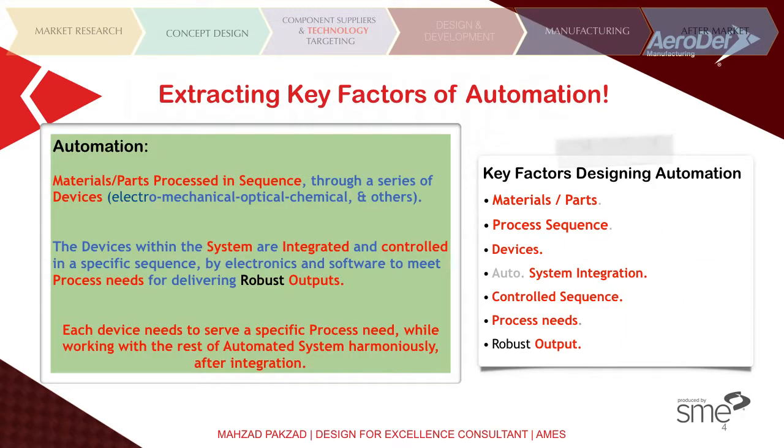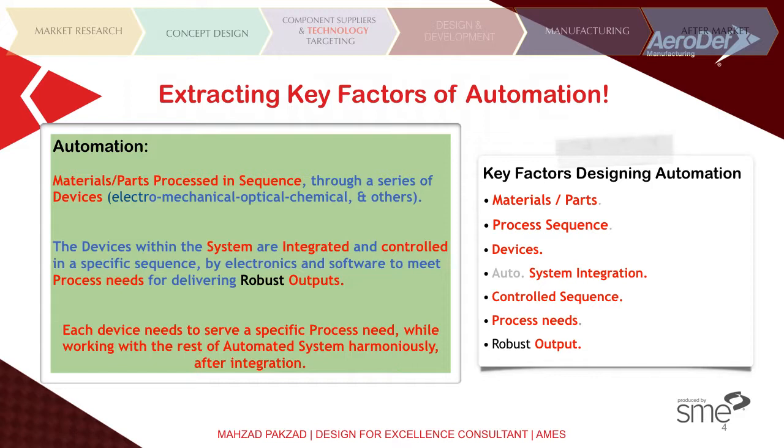Extracting key factors of automation. What is automation? Materials and parts process in sequence through a series of devices: electromechanical, optical, chemical, and others. The devices within the system are integrated and controlled in a specific sequence by electronics and software to meet process needs for delivering robust output.